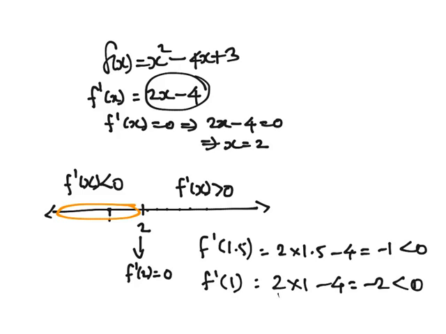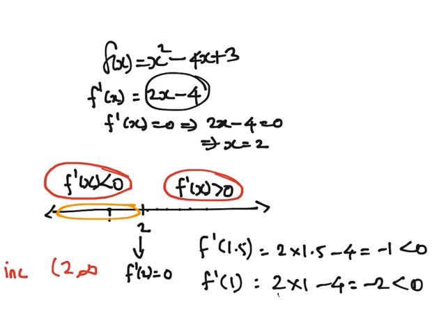If you recall, just a few minutes back we saw that wherever f dash of x is positive, there the function is increasing, and wherever f dash of x is less than 0, the function is decreasing. That means increasing in 2 comma infinity and decreasing in minus infinity comma 2.